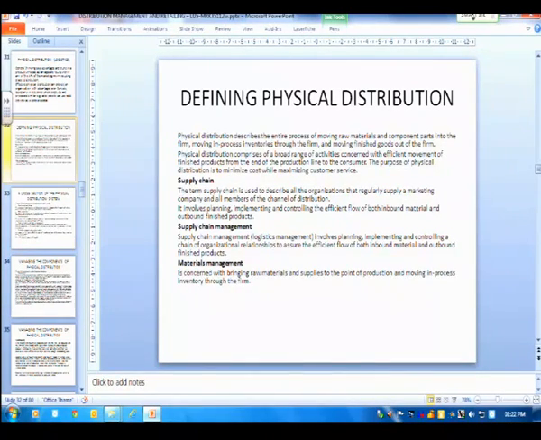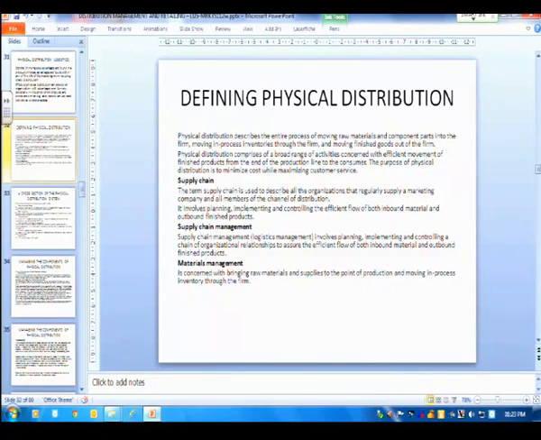Subheading: supply chain. The term supply chain is used to describe all the organizations that regularly supply a marketing company and all members of the channel of distribution. It involves planning, implementing, and controlling the efficient flow of both inbound material and outbound finished goods.